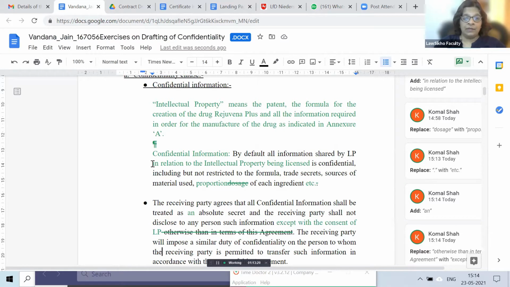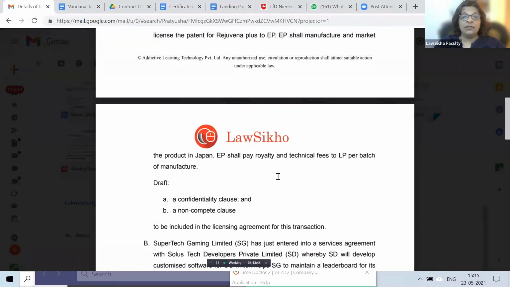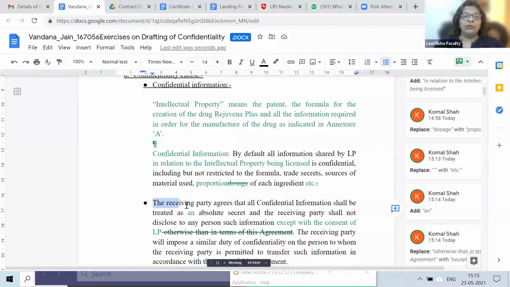Instead of receiving party here, usually if you are putting LP as the short form for one of the parties, this is not a two-sided agreement. This is not a two-sided confidentiality agreement. Confidentiality is not flowing from the Japanese company to the Indian company. It's only a one-way flow from the Indian company to the Japanese company. So that is why you don't need to define it as receiving party or something.